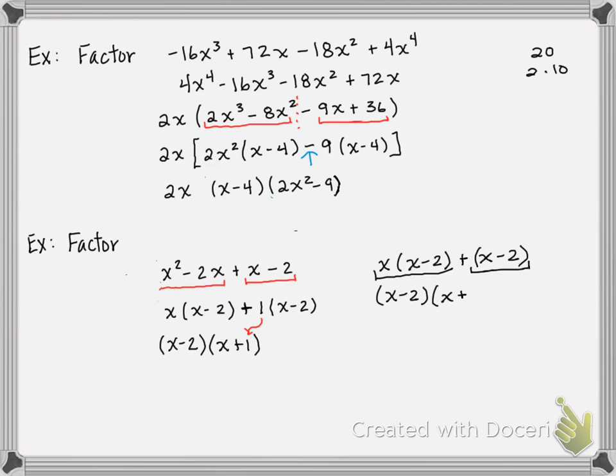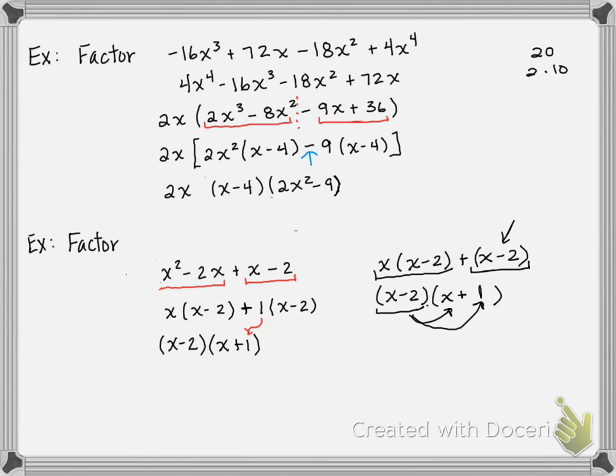So I need something to distribute this to in order to get this term. What would I multiply x minus 2 by to get x minus 2? 1. And so that gives me a 1 right there.